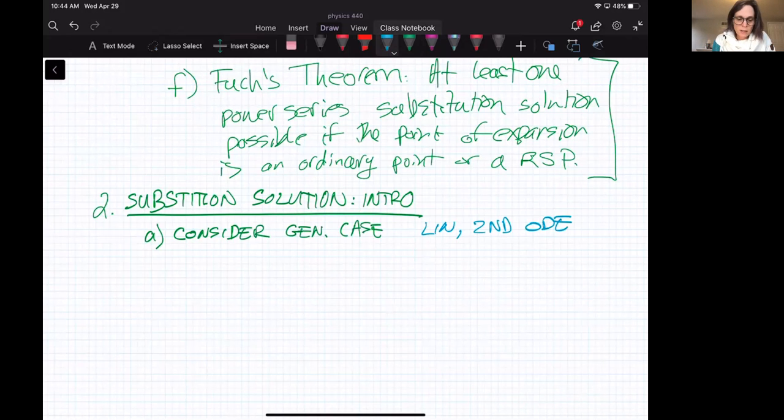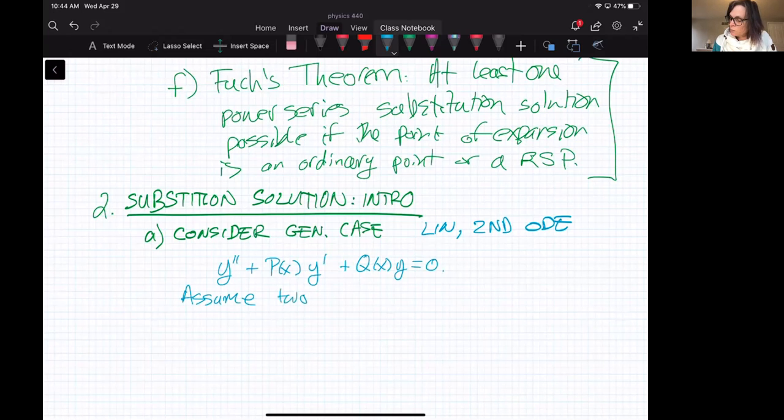For the homogeneous case, we're looking at, again, y double prime plus p of x, y prime plus q of x, y is equal to 0. We're going to assume, if this is a second order differential equation, then there are two linearly independent solutions, right?